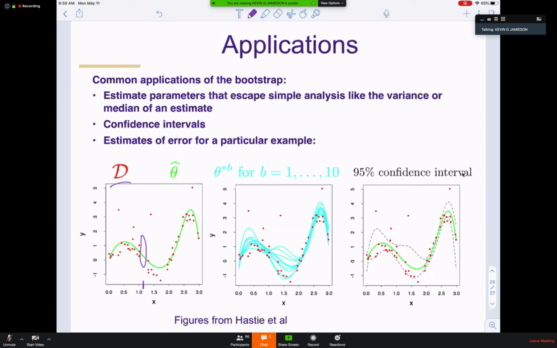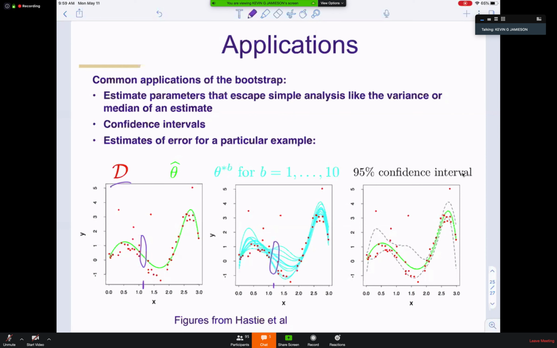So one way to answer this question is to take a bunch of Bootstrap data sets, in this case just 10 for visualization purposes, and then compute the 10 theta star b's, so a different function for each Bootstrap data set, and you'll get a bunch of these lines. Each line here is the kernel ridge regression fit on each Bootstrap data set. Then we can look at this point, it's about 1.2, and we can see that's the amount of variability at that point.